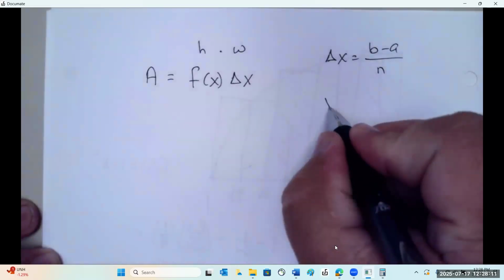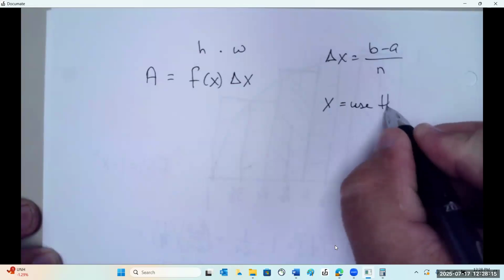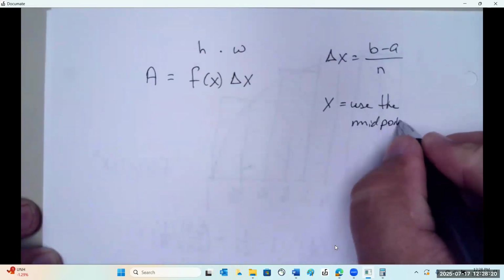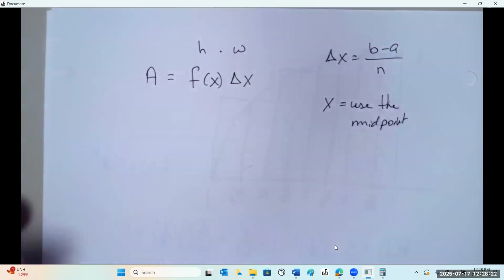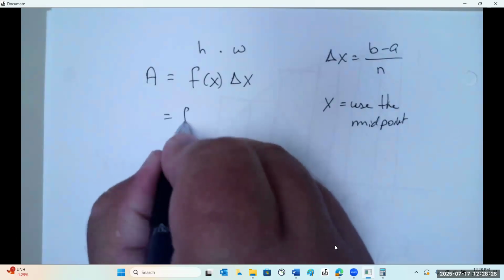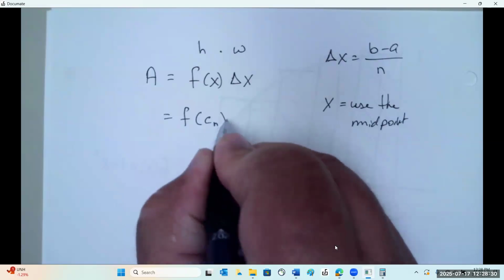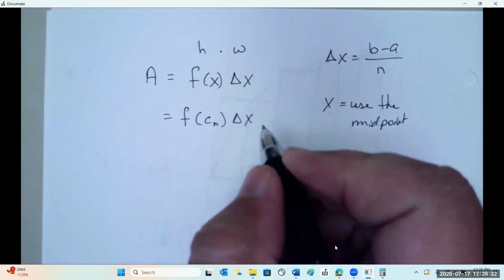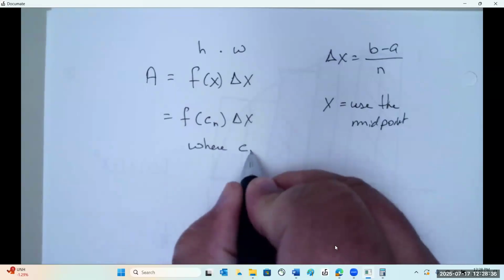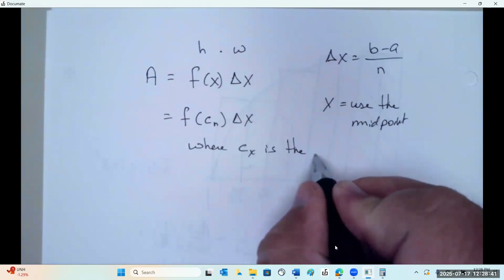And instead of x, you can use the midpoint, or you can use the upper or lower sums, where c is the midpoint.